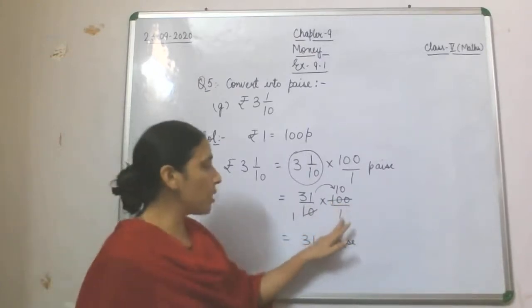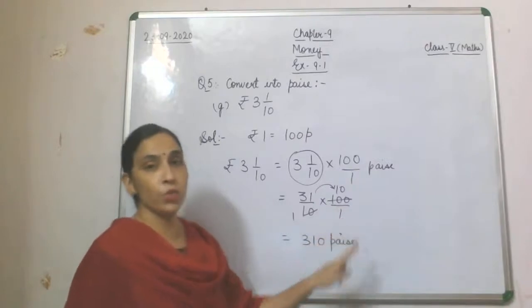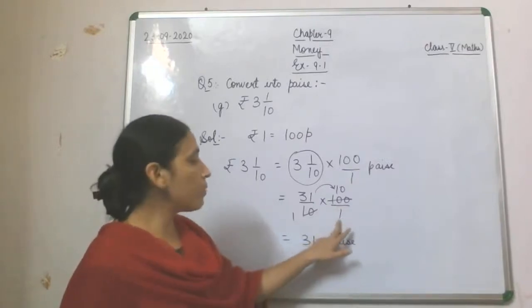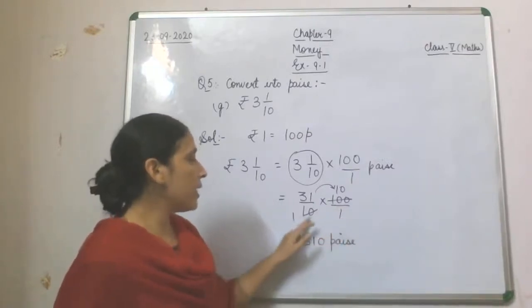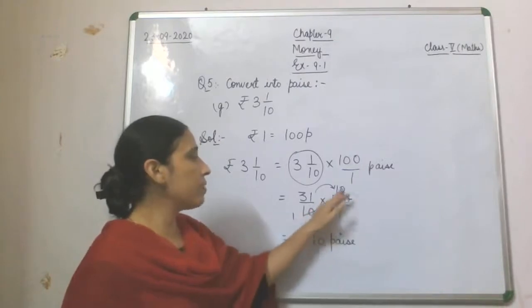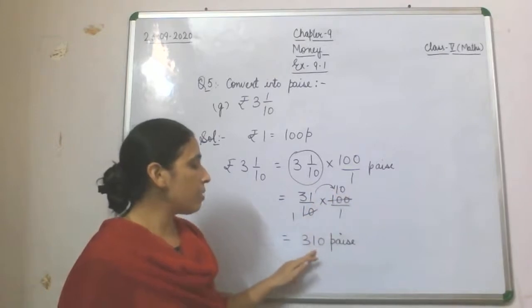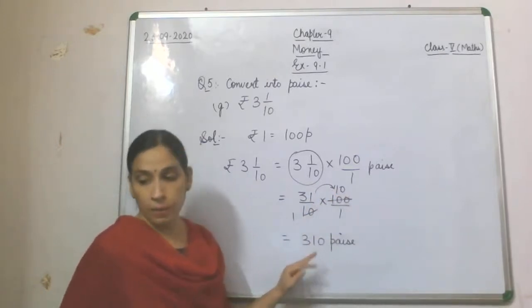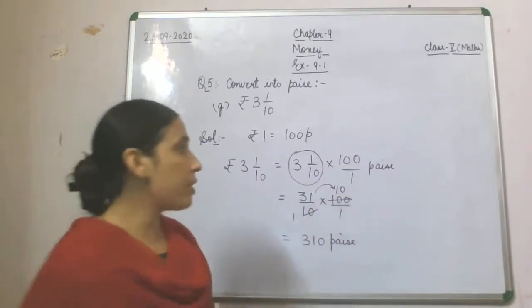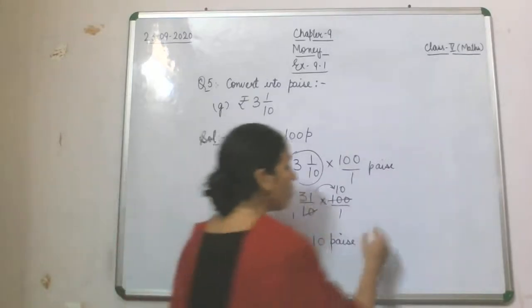Now here we do not have anything in the denominator. So what we will do? We will write 1 over there. And then 10 ones will be 10, 10 tens will be 100. Now 31 will be multiplied by 10. That will become 310 paisa. Now you can write this answer in the form of therefore.